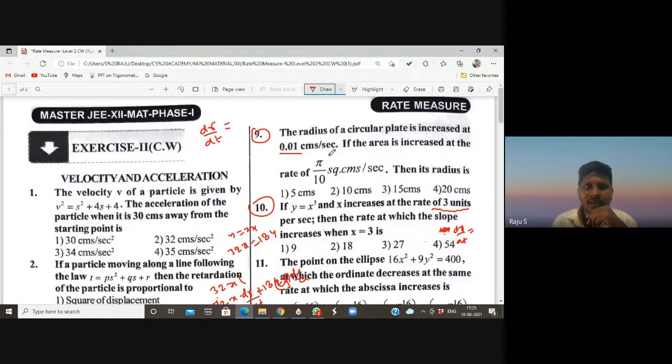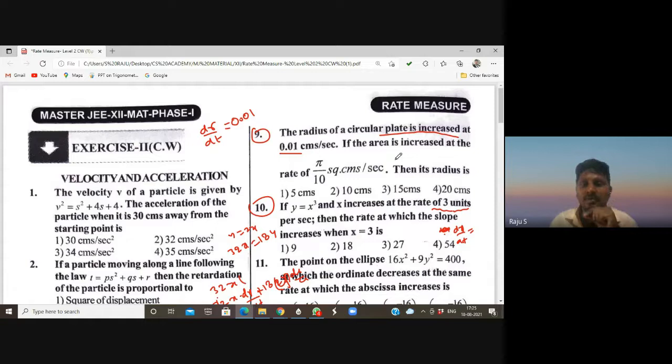The rate of change of radius is increased like 0.01. Decreased means we take minus, but increased means plus 0.01. If the area is increased at a rate of pi by 10, and if I take A as the area, the rate of change of area can be denoted by dA by dt. They have given pi by 10, then what is its actual radius?